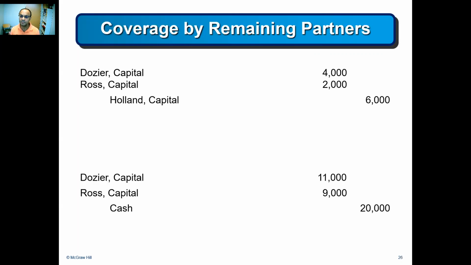Then Dozier and Ross will take the remaining, and you can notice here that the capital balance that has been left over for Dozier and Ross is less than what it should be. So this is the first point at the termination or liquidation, which is how to cover up the deficit, either by the deficient partner or by the remaining partners.